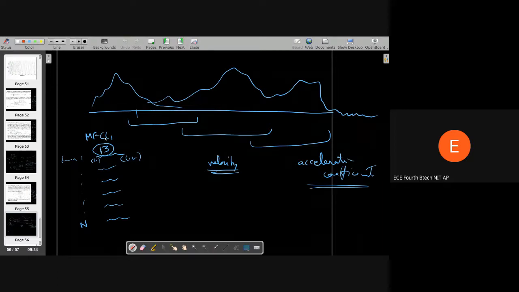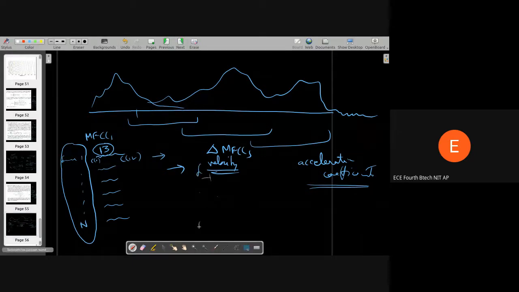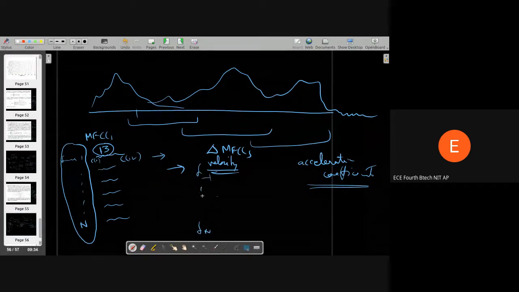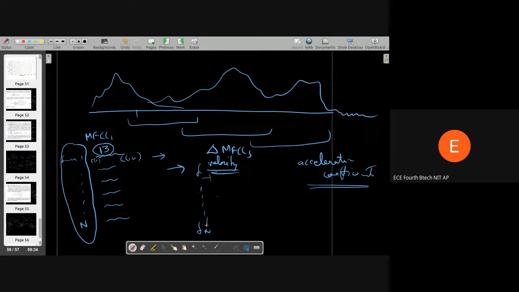Once you get your MFCC coefficients, we can get your delta MFCC. Only if you get all the MFCC coefficients for all the frames can you, for each and every frame, extract these velocity coefficients. These are also called delta MFCCs. So for every frame, 1, 2, 3, 4, you get your velocity coefficient.